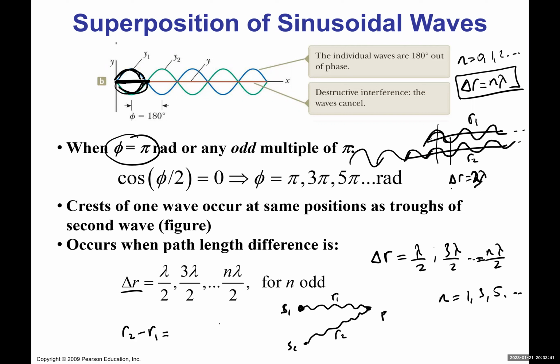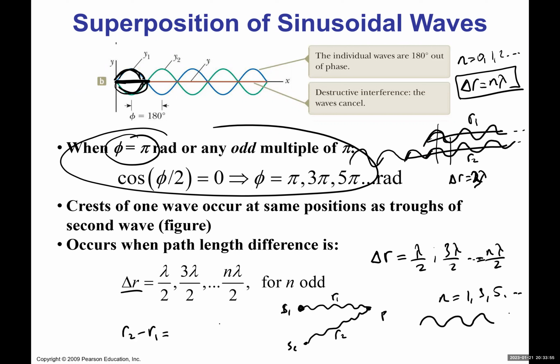But what we're saying for this scenario is that R2 minus R1 is not equal to 1 times lambda or 2 times lambda, it is a fraction. For example, here's wave 1 and here's wave 2. If I shift this one by not 1 wavelength, but let's say half a wavelength, move this one like this, you can see, right?